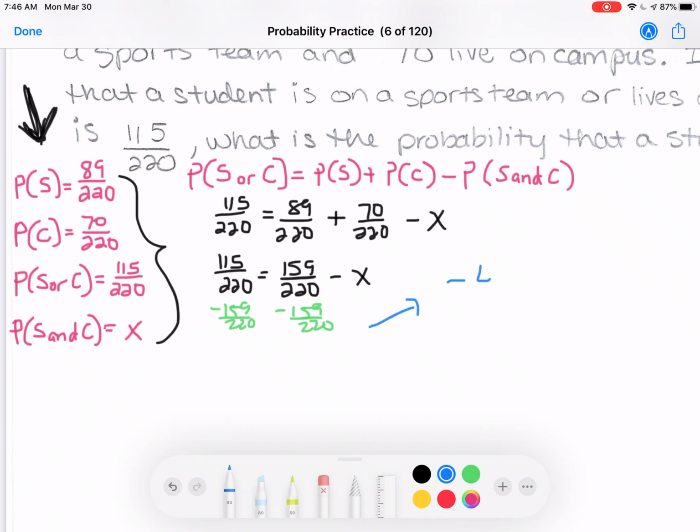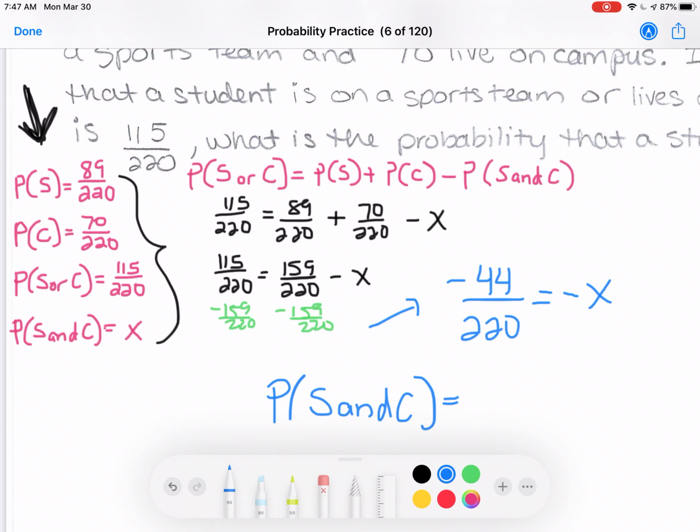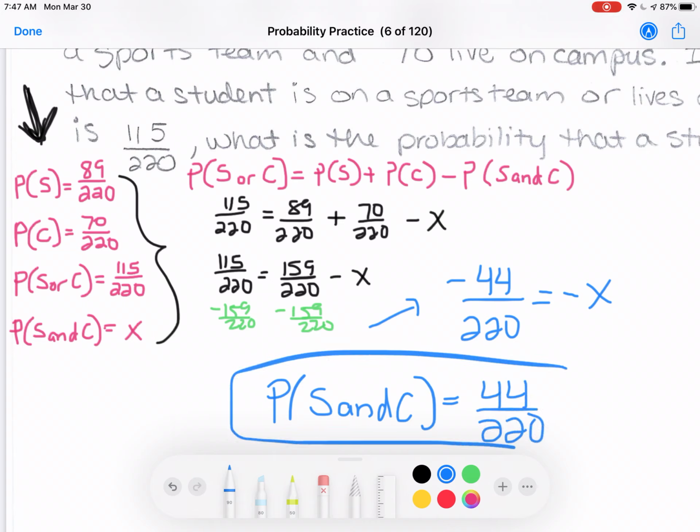And now you're left with negative 44 over 220 equals negative x, but divide through by a negative. And now your probability of S and C, both things happening, is 44 over 220. Very, very popular question for you guys to know. All right, so that's my and/or section.